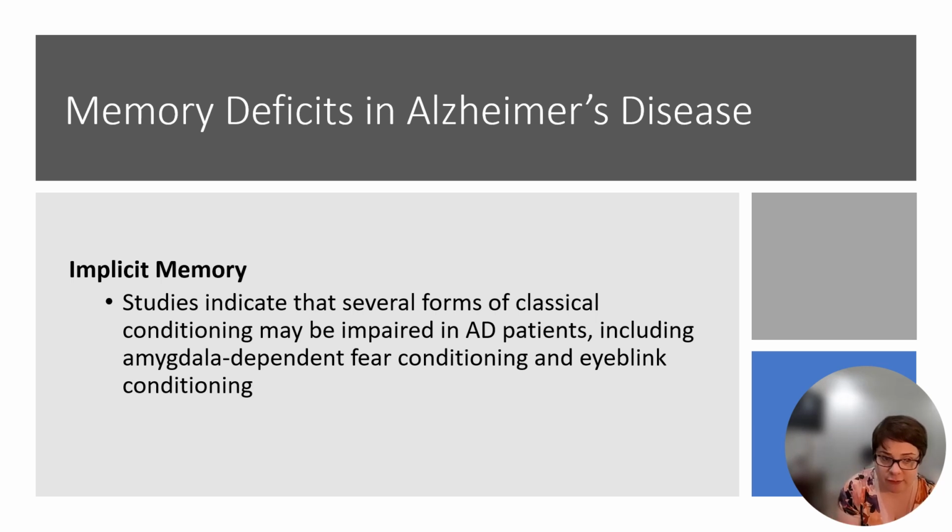An example of eye blink conditioning is that anytime you see a particular color light or hear a tone, a blast of air is injected into your eye. Or when you see a light or hear a tone and there's suddenly a loud noise, that would also be an example of fear conditioning. Both of those paradigms have shown significant reduction in conditioning among patients with Alzheimer's disease.